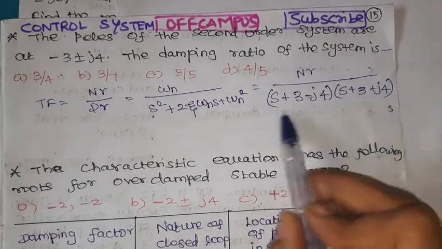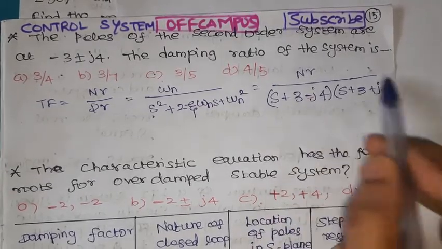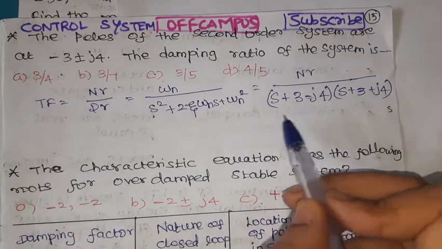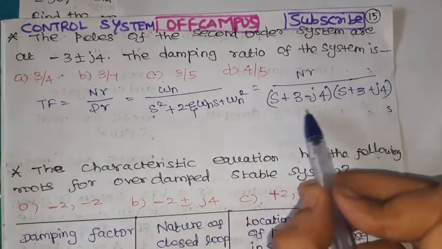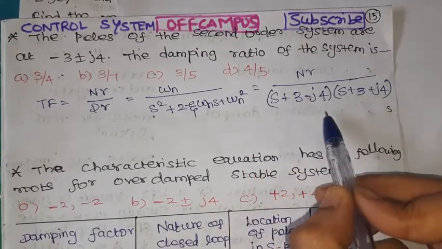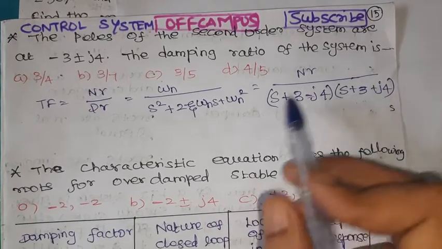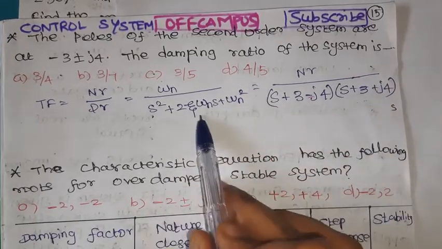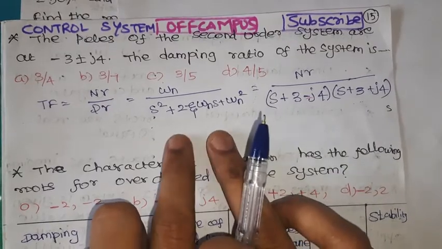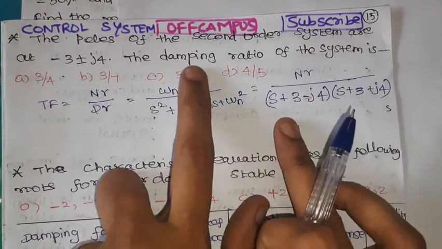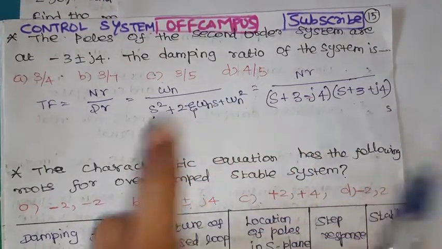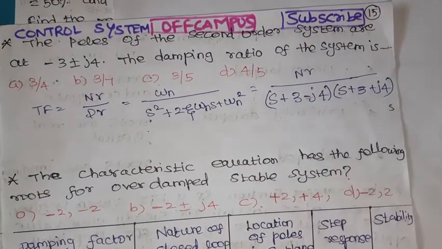So, this is the denominator term, and it represents the characteristic equation of the transfer function. By equating this term to 0 and comparing with the standard second order transfer function, we need to find out the damping ratio value. Let's see how to find it.